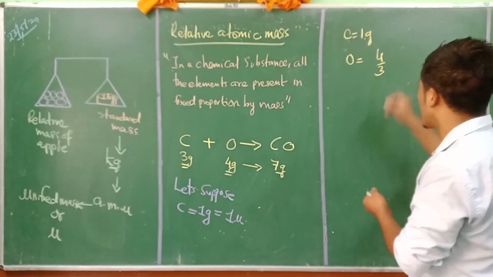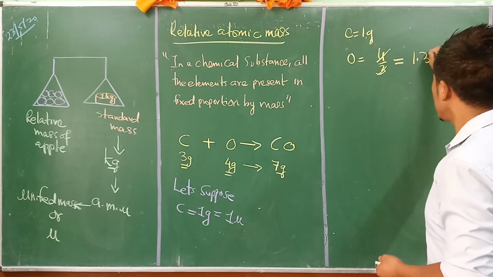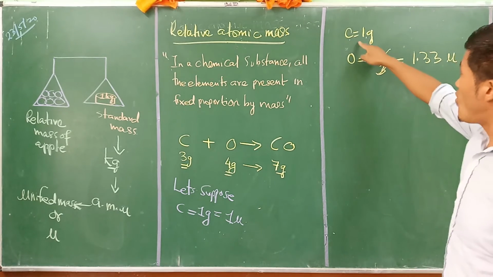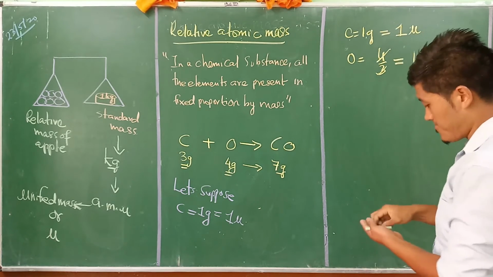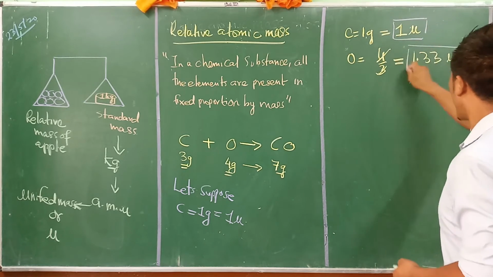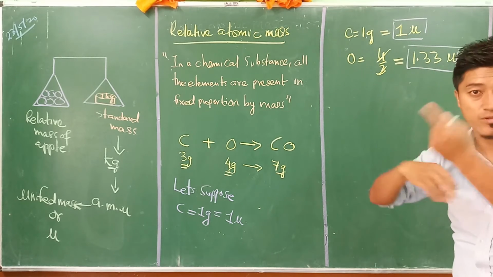When we work it out, 4 divided by 3 is 1.33 u. So for 1 gram of carbon, we are getting 1 u, and for oxygen, we are getting 1.33 u. Understand? Now this is the relative atomic mass, because it is in comparison with that.